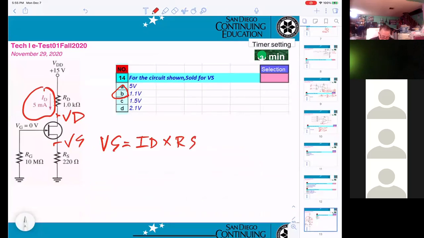Normally IS and ID are the same, 5 milliamp. RS will be 220 ohm. You have to change it to kilo ohm. So that's why you can get 1.1. Okay. Thank you. You're welcome.